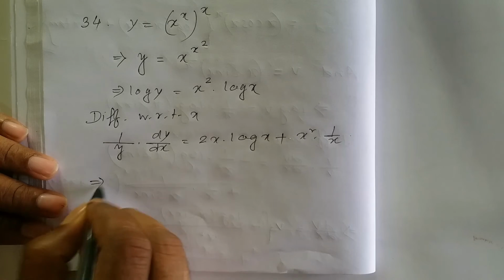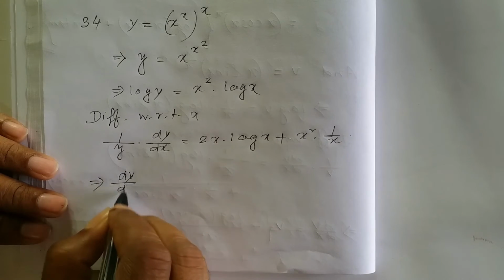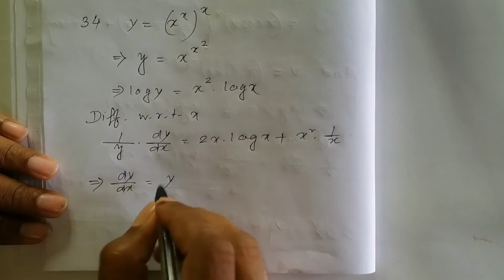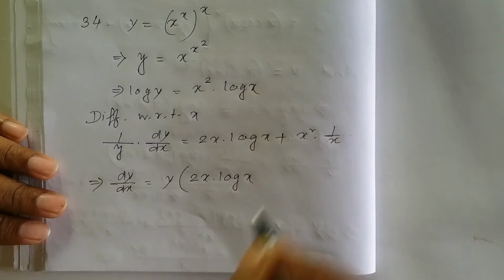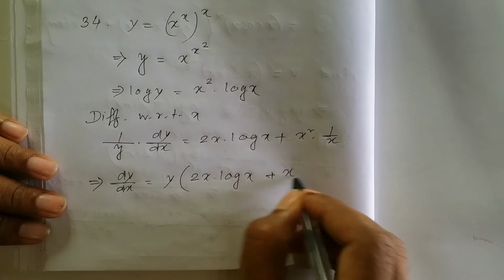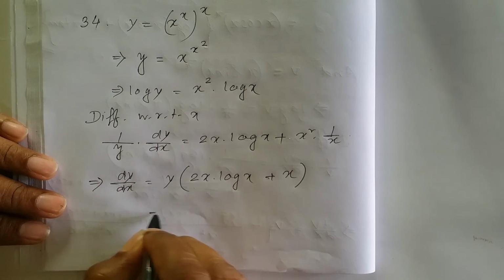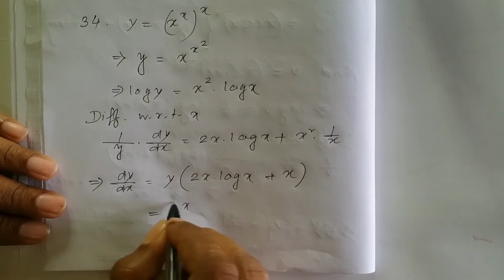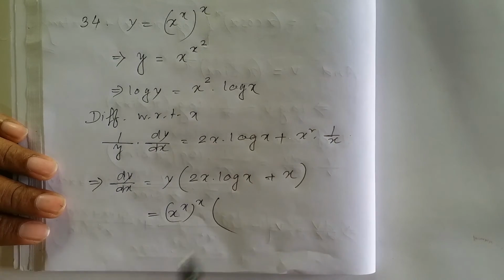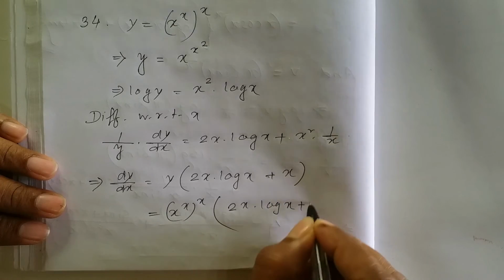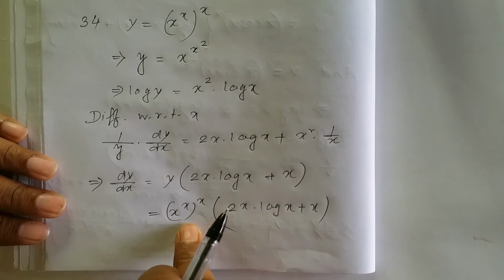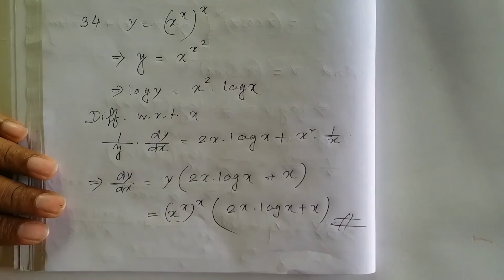That implies dy dx is equal to y whole into twice x into log of x, then plus one of the x is cancelled here, so it is only x. Replace the value of y, and y was x to the power x whole to the power x, whole into twice x log x plus x. x can be taken common here.